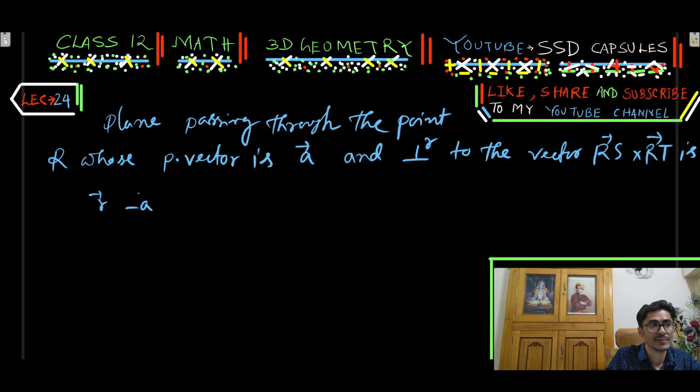(R vector minus a vector) dot (RS vector cross RT vector) equal to 0.